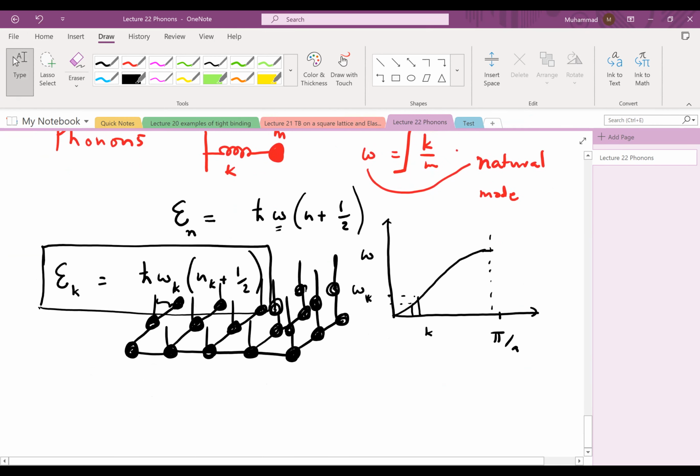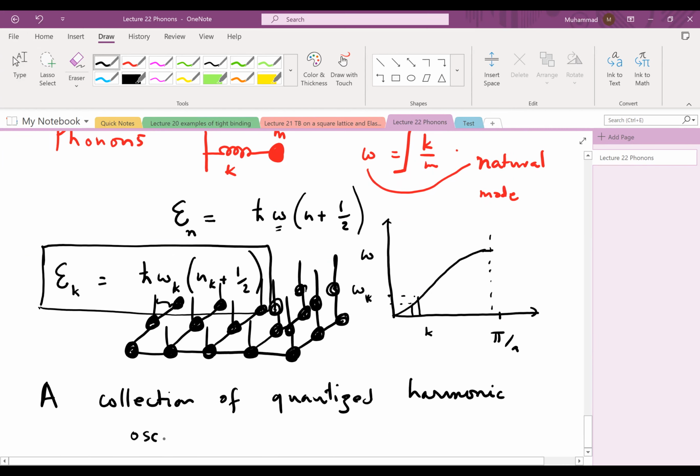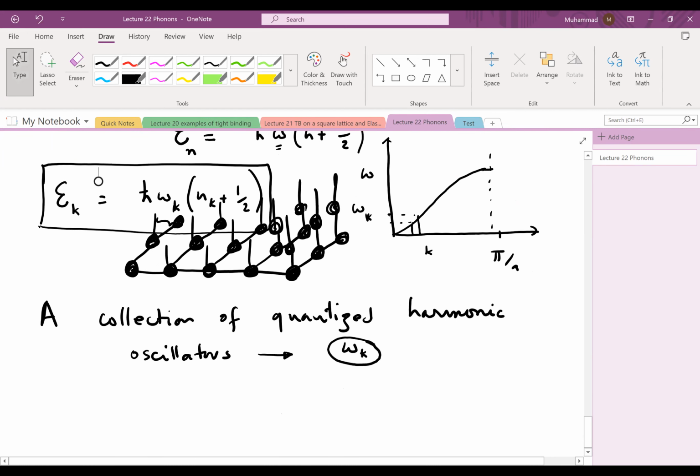So the overall solid can now be represented by a collection of quantized harmonic oscillators. And the normal modes are given by omega k's. All right. And we can find out what these normal modes are.